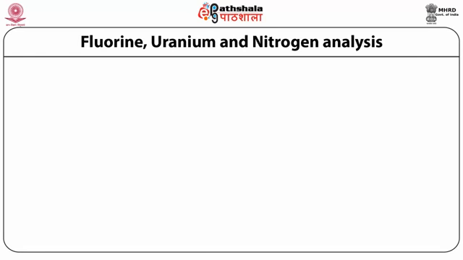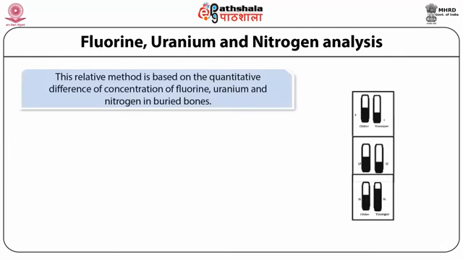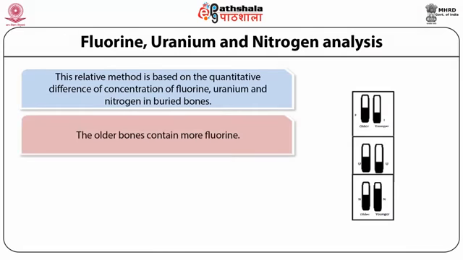Fluorine, uranium and nitrogen analysis. This relative method is based on the quantitative differences of concentration of fluorine, uranium and nitrogen in buried bones. Older bones contain more fluorine in comparison to the newer or younger bones.